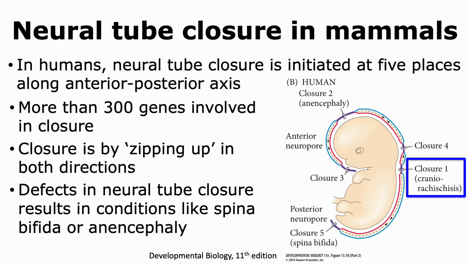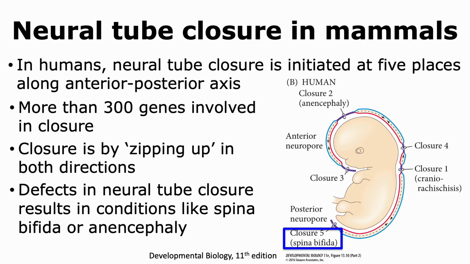Now, defects in neural tube closure can result in conditions, and one of the most well-known is spina bifida. However, depending on where we've had problems with neural tube closure, you can have different types of diseases. For example, defects in closure 1 can result in a condition called craniorachischisis.